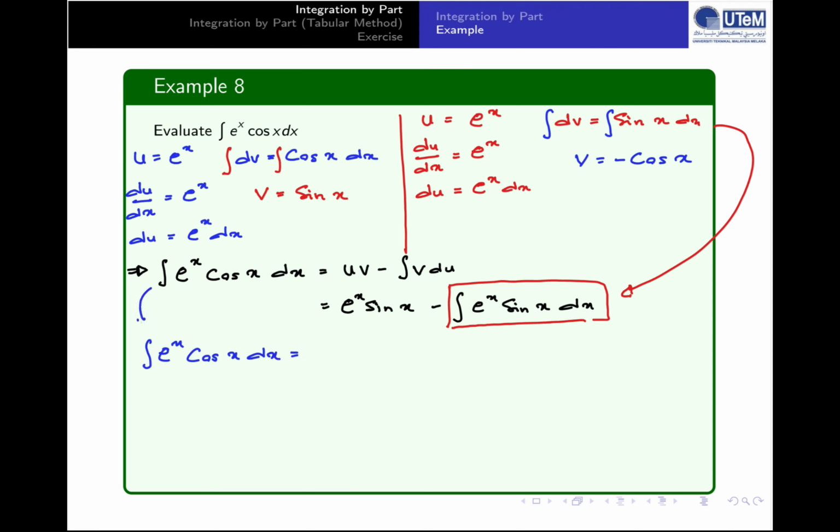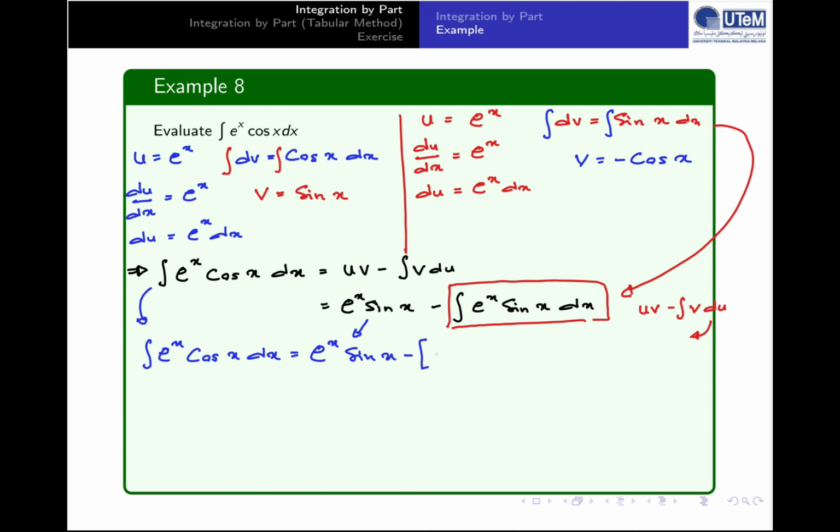So this one equal to e^x sine x, just copy direct, minus solving for this part, must put in the bracket here. Also, same thing, we apply uv minus integration of v du. So transform to here, we can get uv.